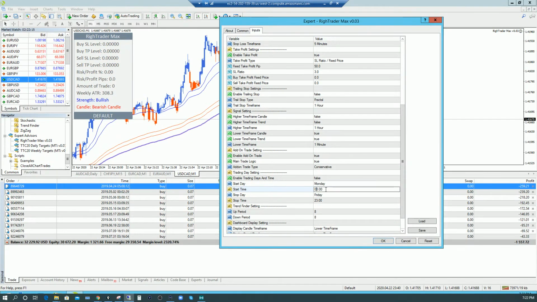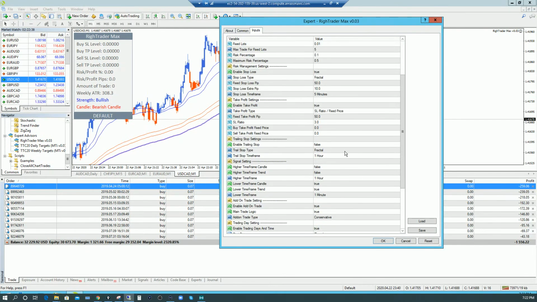So what time did we say we're going to trade it until? We said we're going to trade it at 9 o'clock, and that was going to be on a Monday. Nope, Thursday, and set to true. Then on a Thursday at around 1700 hours, we're going to stop trading.